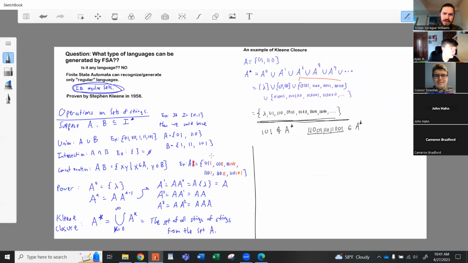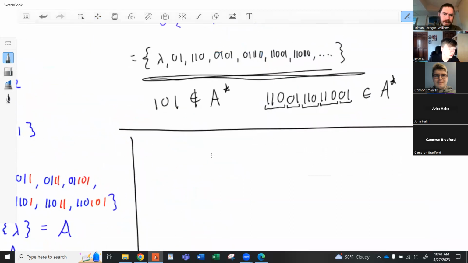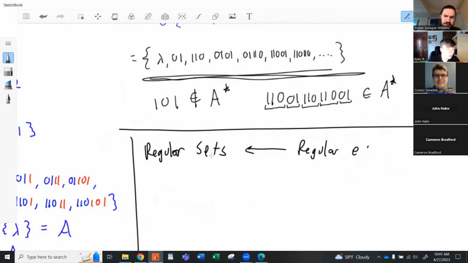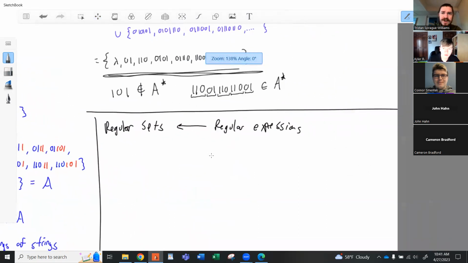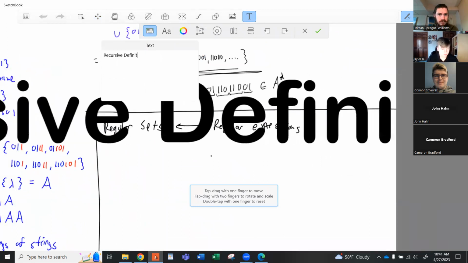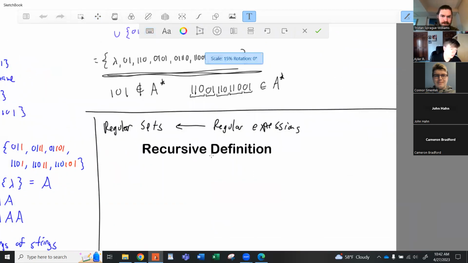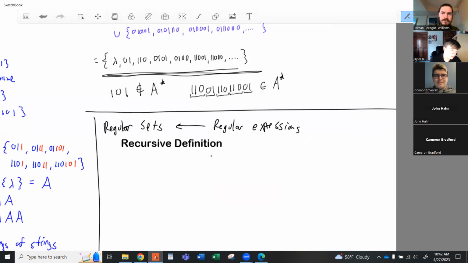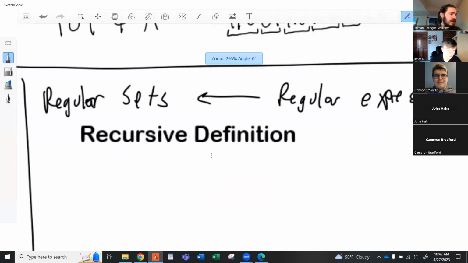Regular sets are defined by regular expressions. And it's a recursive definition, again. Okay, and here's how it goes.